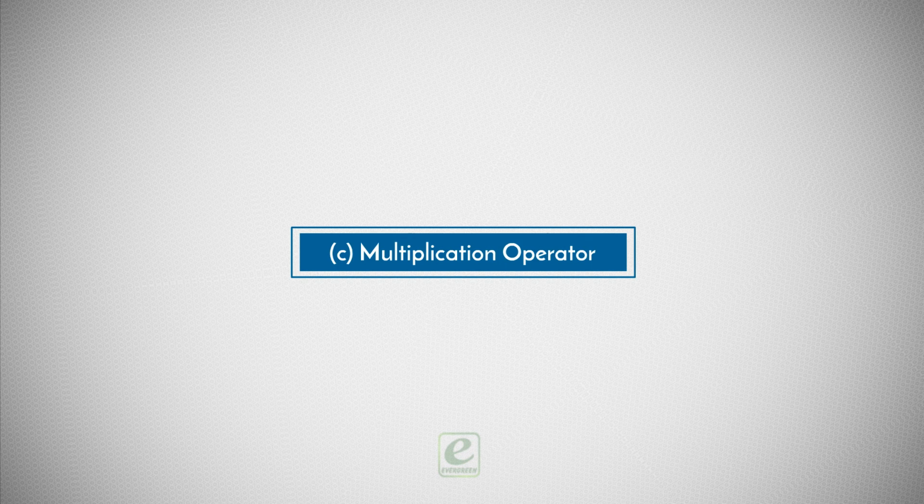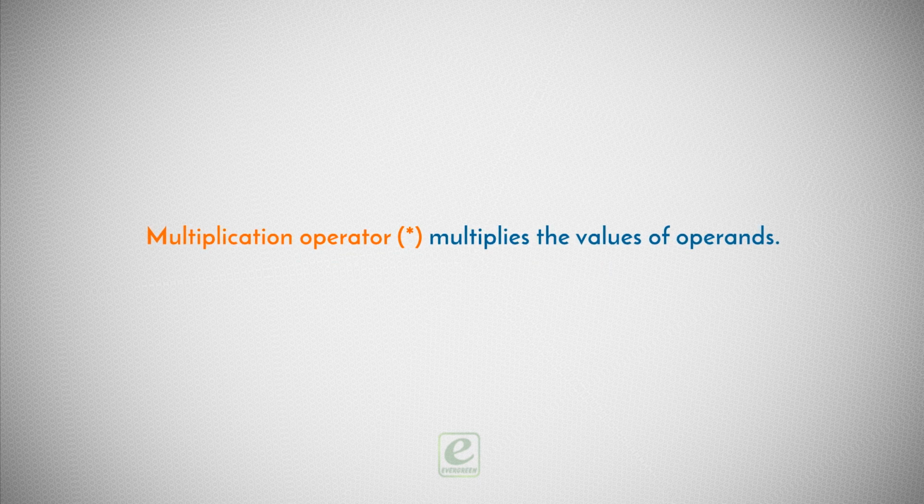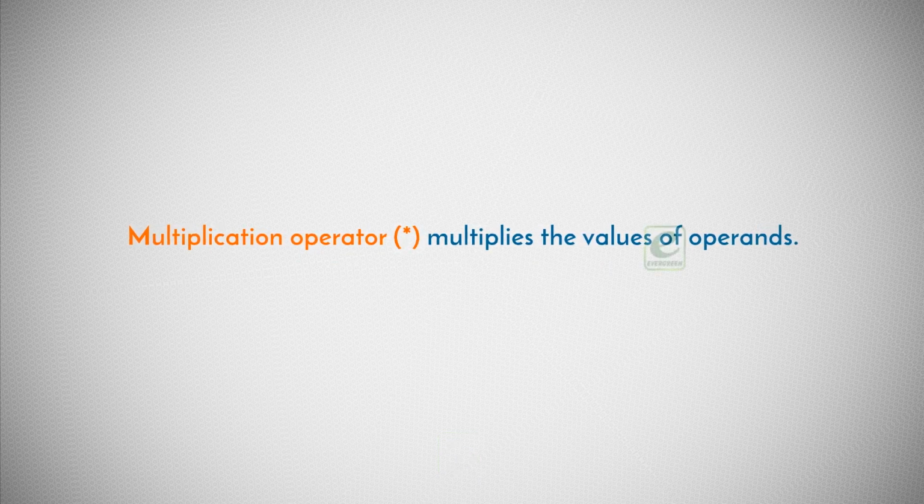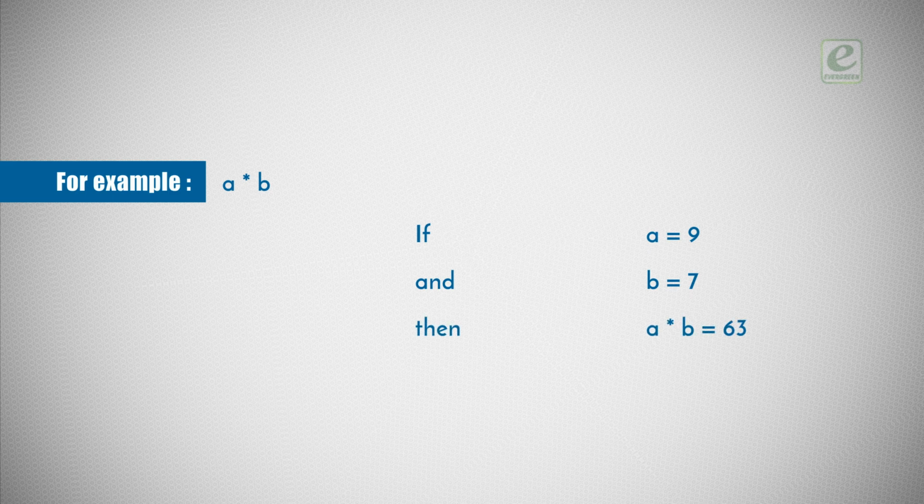Multiplication operator. The multiplication operator multiplies the values of operands. For example, a * b. If a = 9 and b = 7, then a * b = 63.